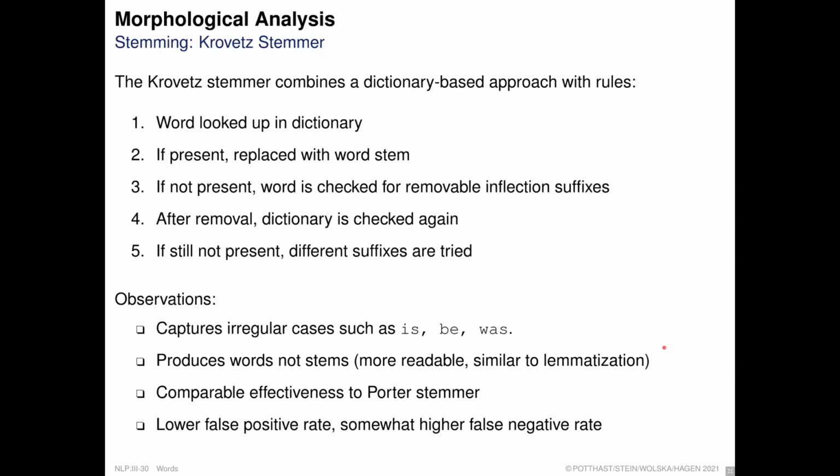In terms of effectiveness, it is comparable to Porter's stemmer. It has a lower false positive rate because we are always checking with a valid resource, that dictionary. Of course, the problem is that this dictionary may be incomplete. So the usual problem of completeness is present also here.